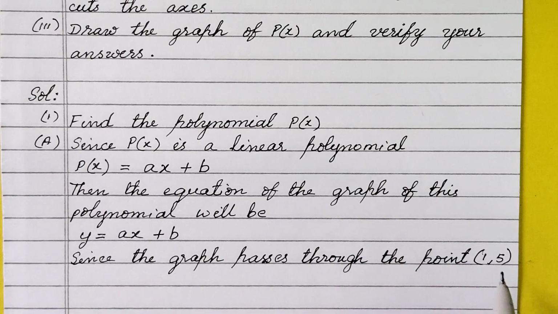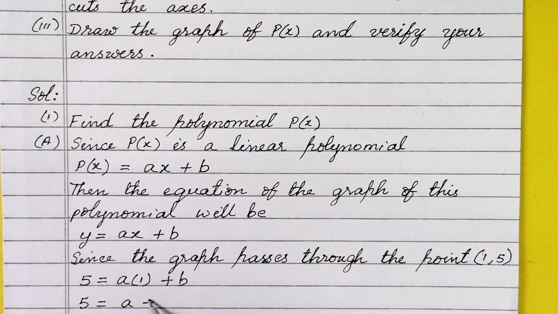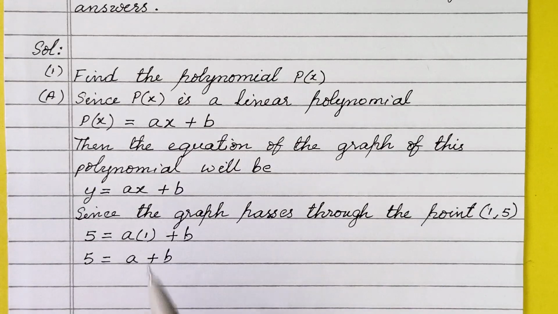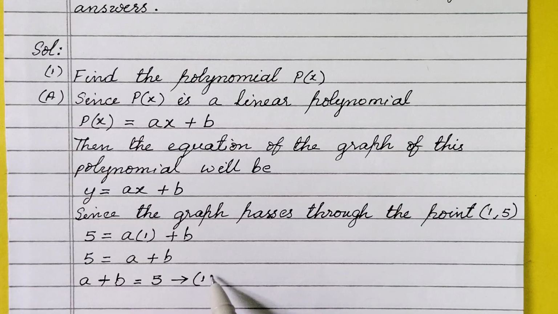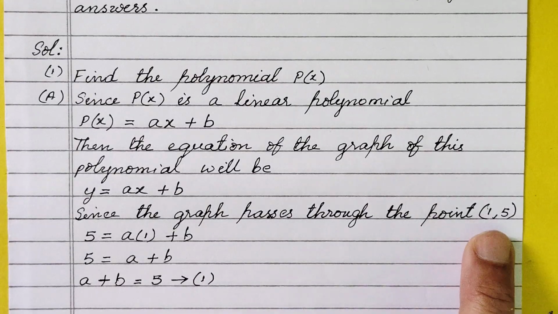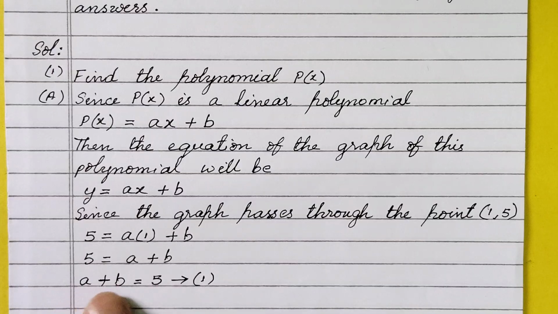The value of y is 5, so 5 will be equal to a into 1, x value is 1, plus b. So we'll get 5 is equal to a plus b. I can write the equation as a plus b equal to 5. We got one equation here. By using the coordinates of the point (1, 5), I got one equation, that is a plus b equal to 5. I will label this as equation 1.